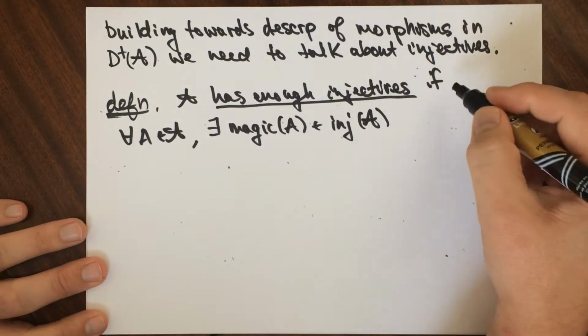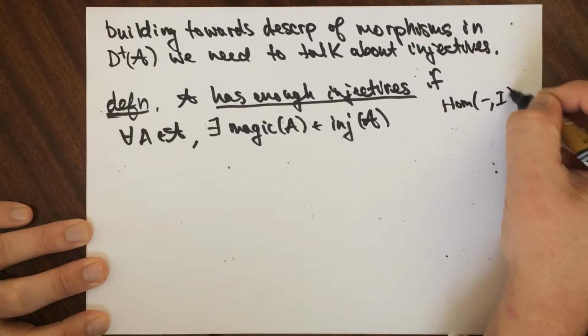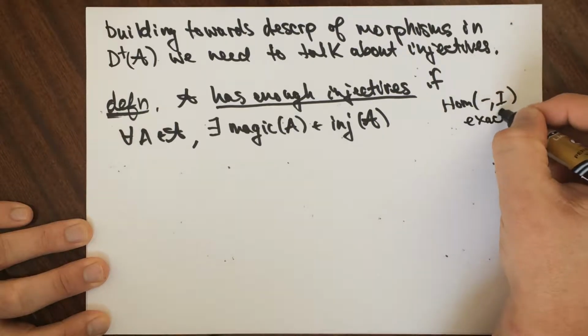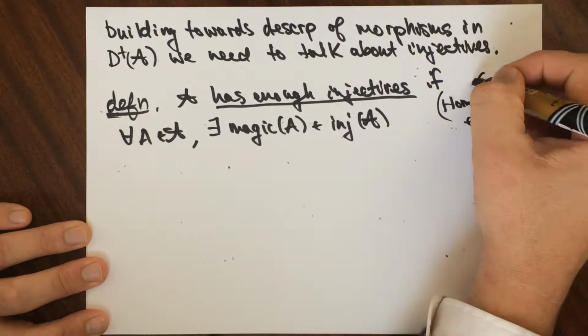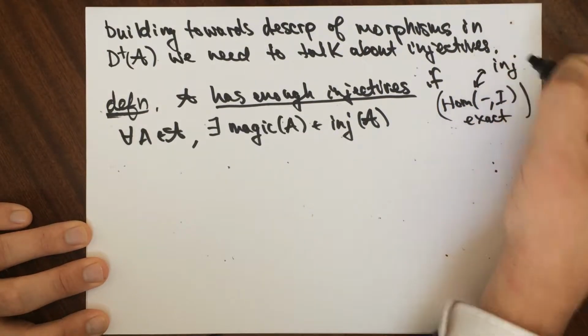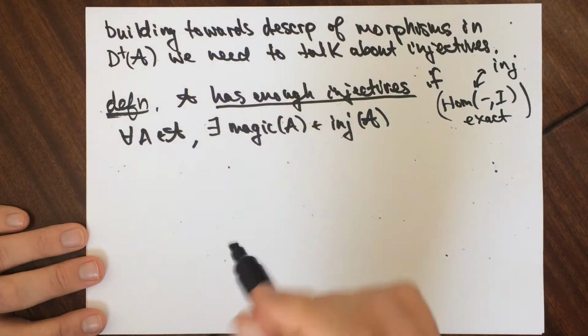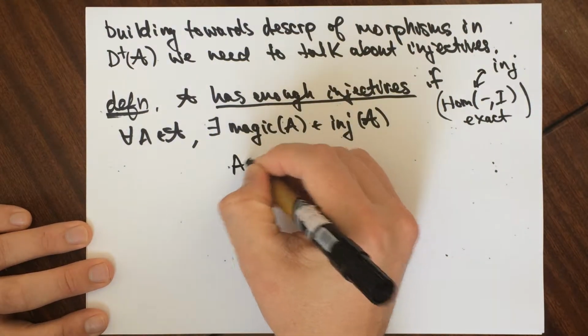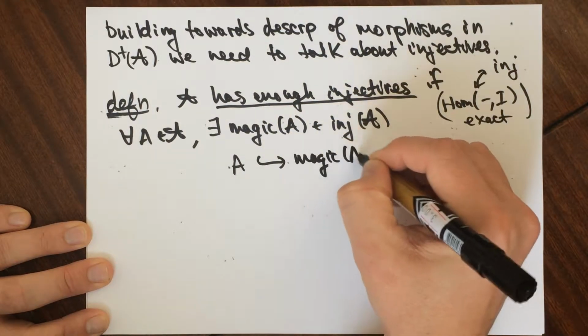So again, injective objects have this Hom functor being exact. Okay, so this is what injective is. So there exists a magic guy, I(A), and a monomorphism from A into the magic guy of A.